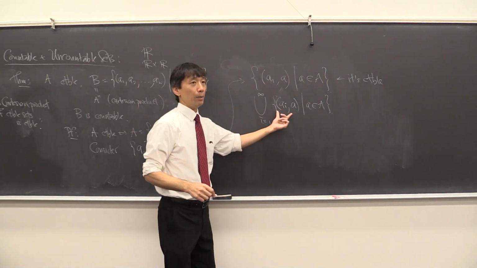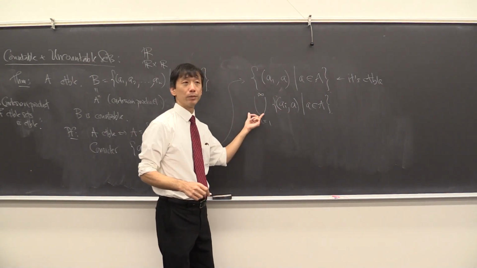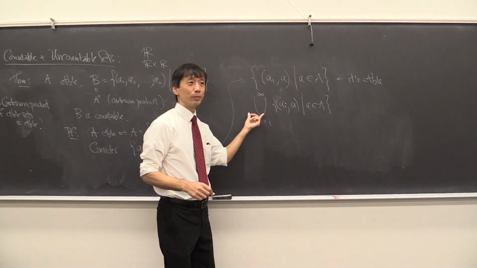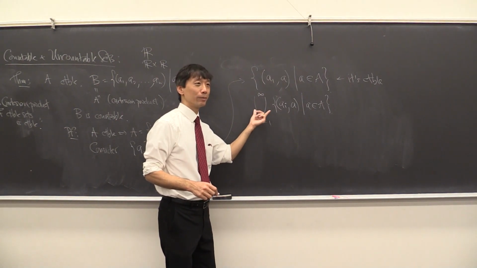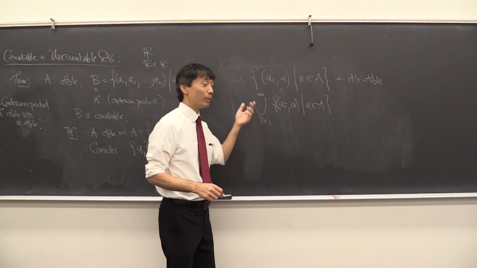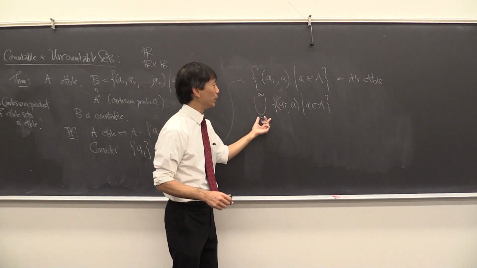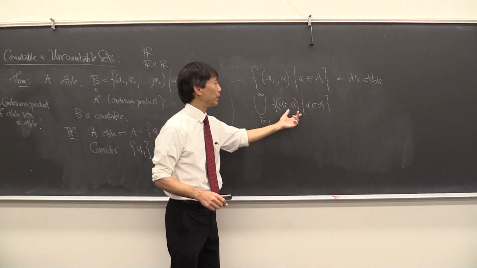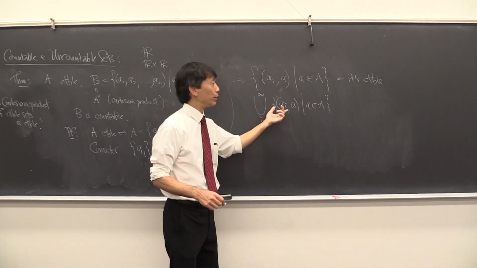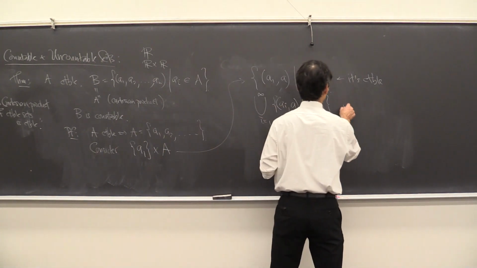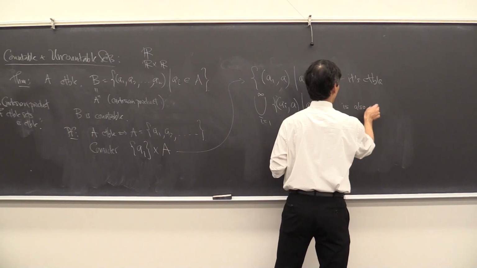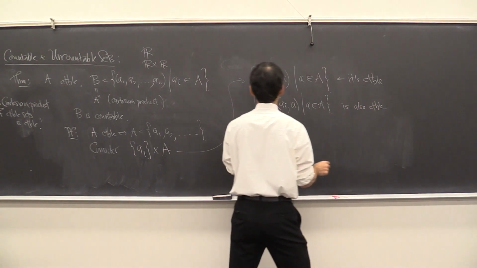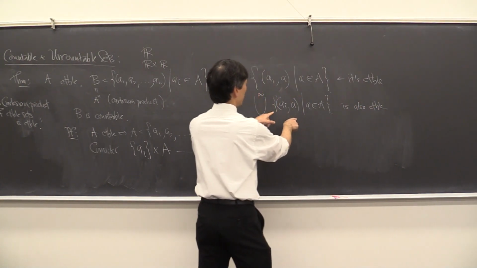Is that countable? Sure, why? By the last theorem. It's a countable union of countable sets. Each of these sets is countable, so the union is also countable.